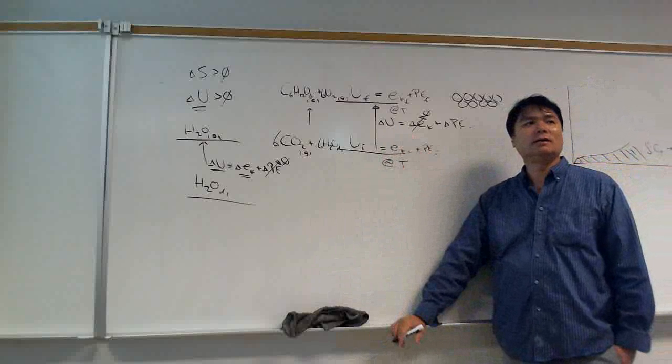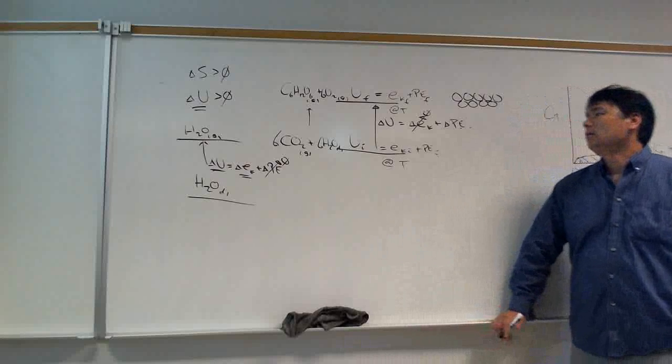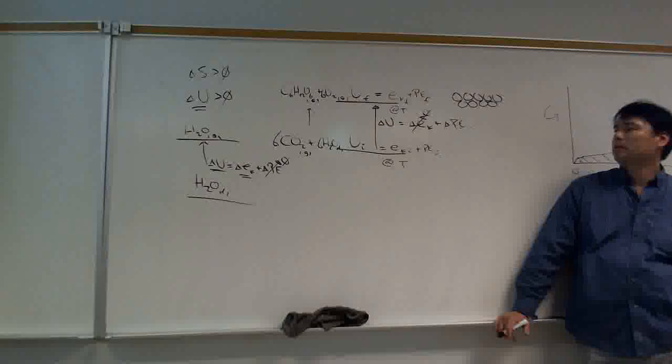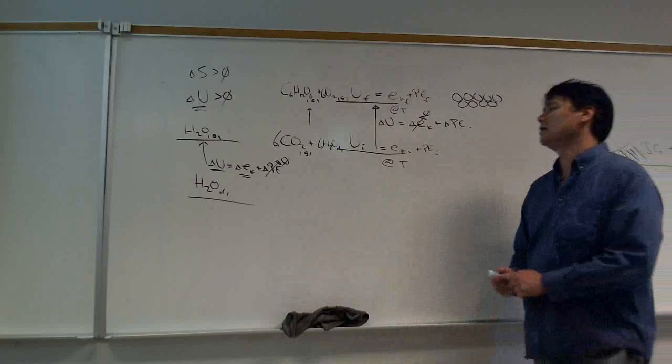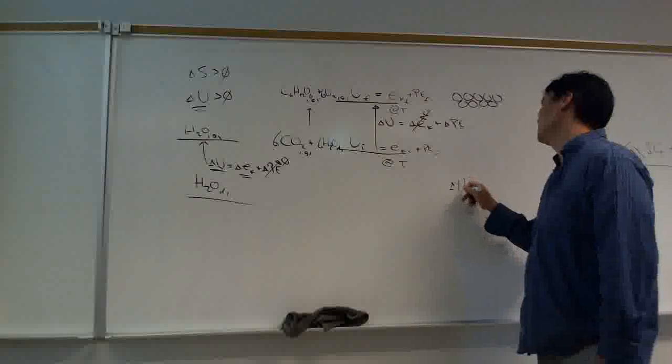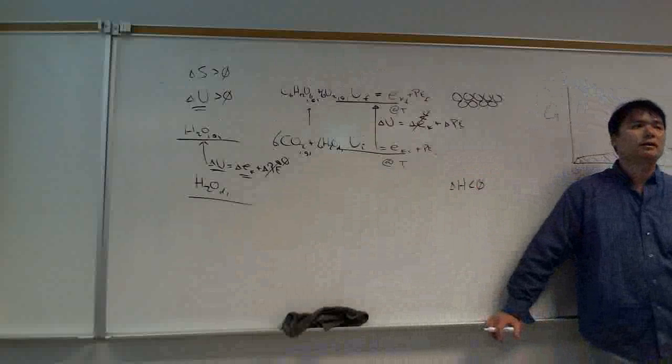Delta H is the heat of the reaction. And we're talking about heat being dumped in an exothermic reaction. So if you have something like delta H less than 0, then what can you say?